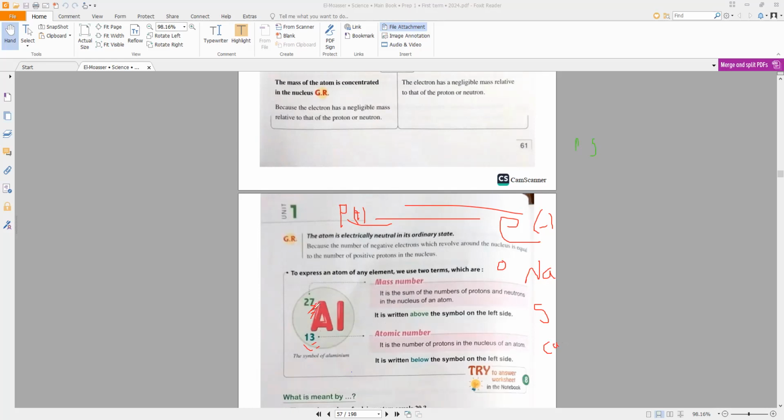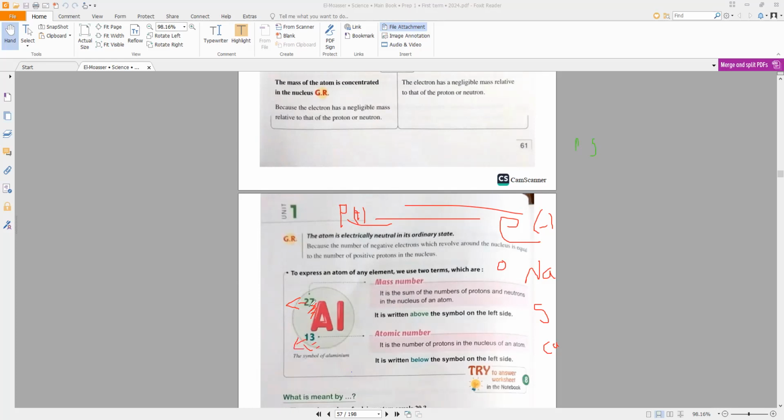The atomic number is written below the symbol on the left side. So above is the mass number, and below is the atomic number.